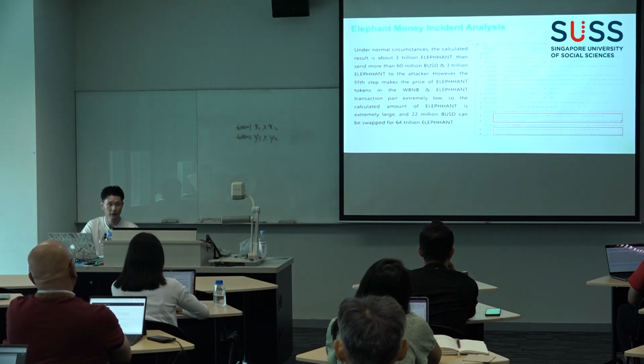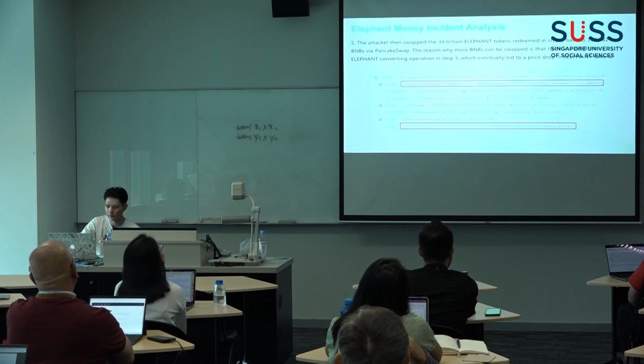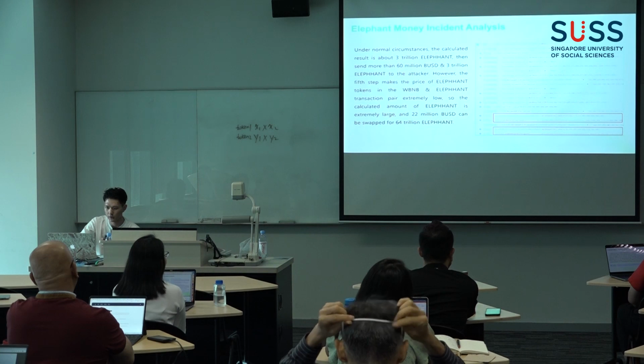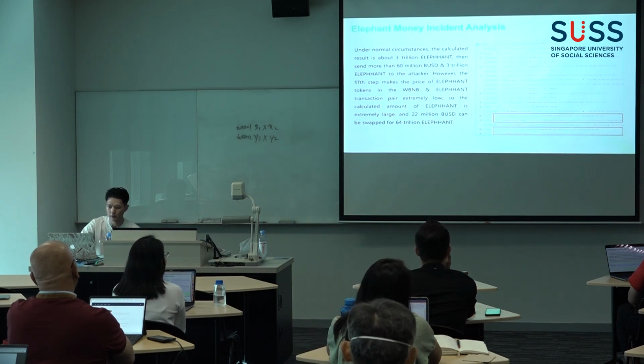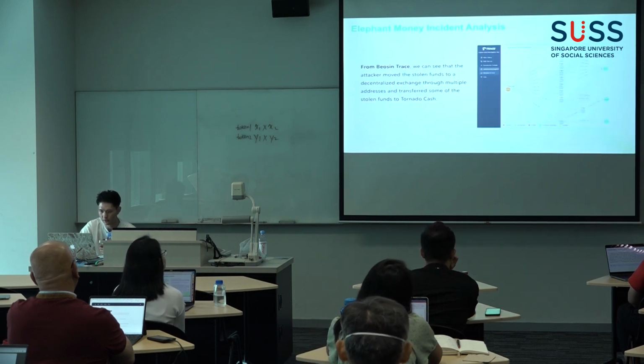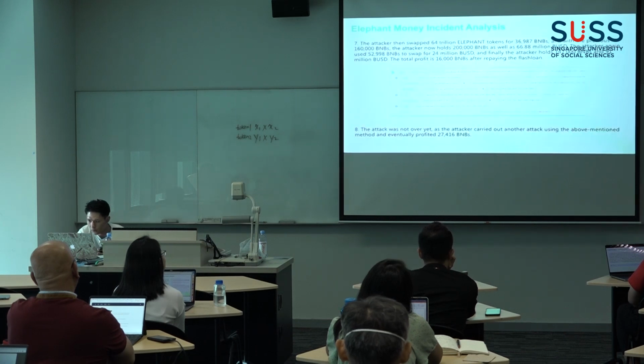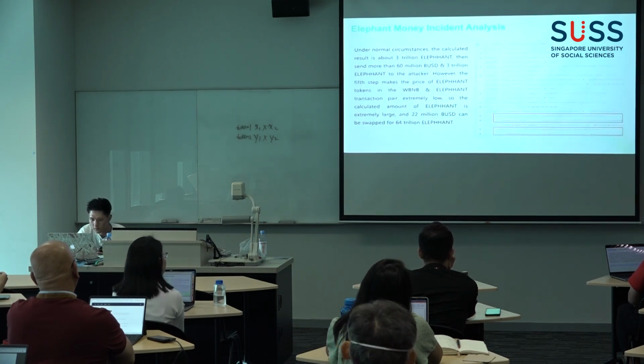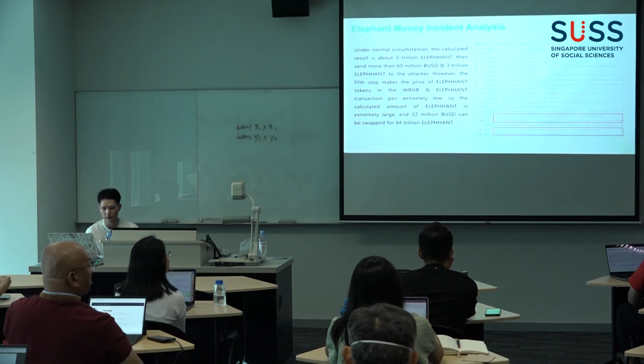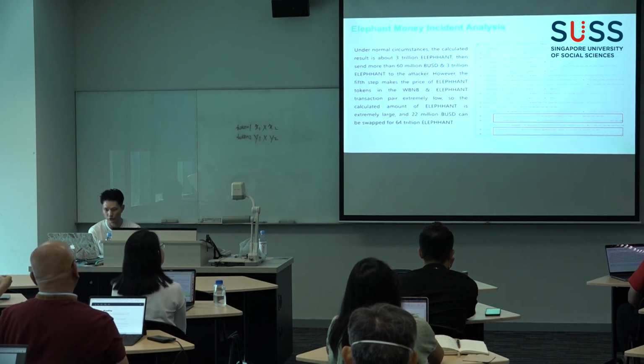So we can see the attacker got way more elephant tokens than he deposited. It is the fifth step that makes the price of elephant token in the double BNB and elephant pair extremely low.